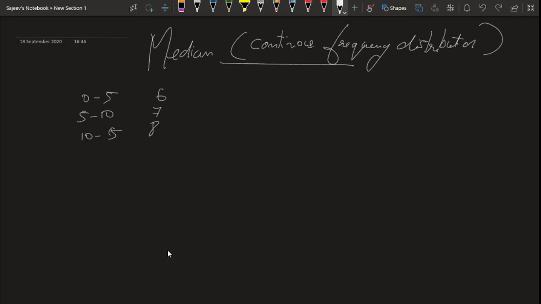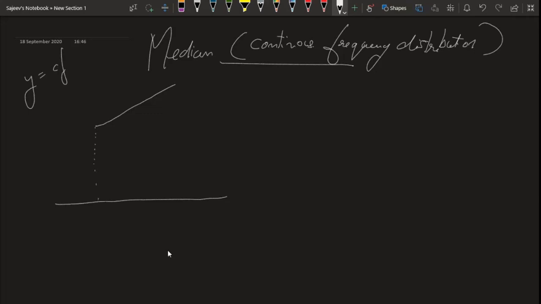Let me try to draw it in a better way. This is my graph of the cumulative frequency. So y equals CF, or cumulative frequency, and this point on the x-axis is one of my intervals.